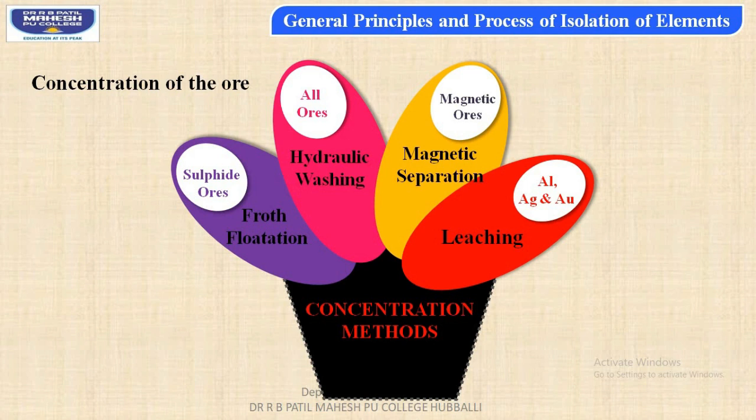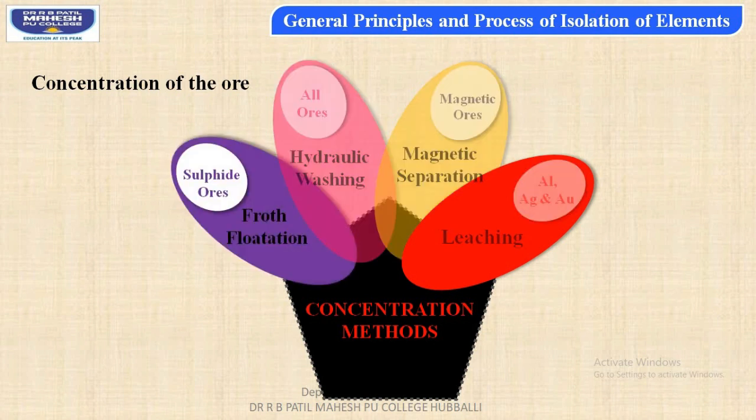So the first method, that is froth flotation, which can be used for sulfide ores, whereas hydraulic washing, students, this method can be employed for all the ores. Magnetic separation can be done for magnetic ores, whereas leaching process can be done for aluminium, silver and gold ores.